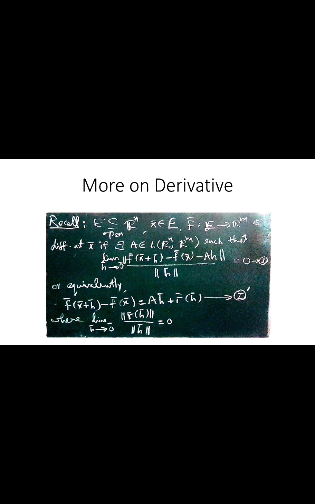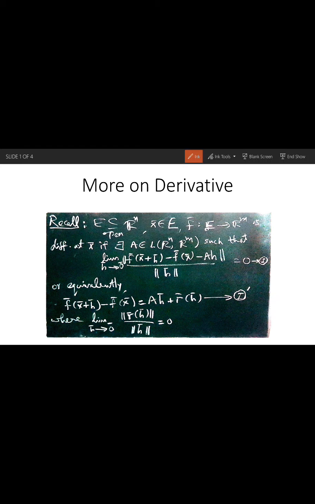That's what this shows. You have limit h tends to 0, norm of r of h divided by norm of h is equal to 0. This means a fraction will tend to 0 if the numerator tends to 0 faster than the denominator. So r of h is actually a quantity which itself tends to 0. More than that, it tends to 0 faster than h tends to 0.